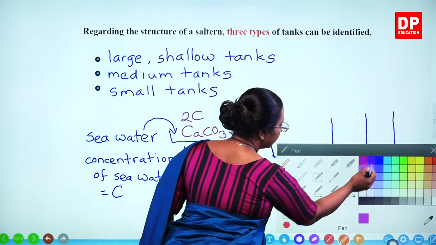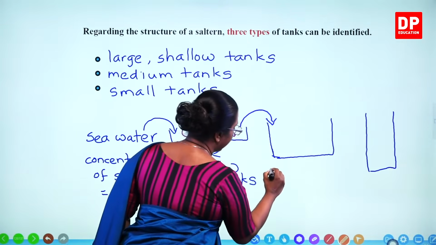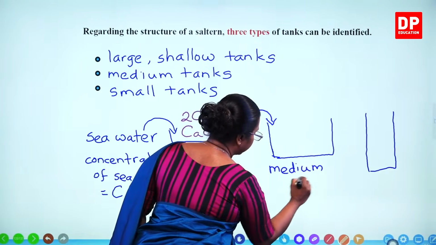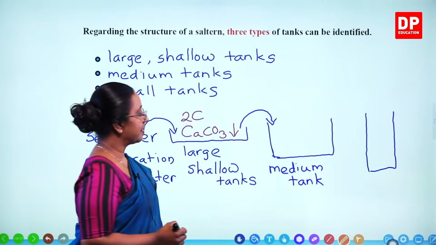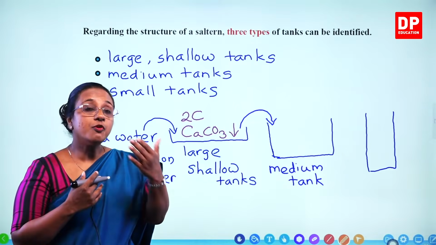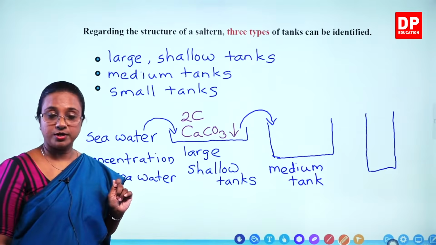Then we have the seawater passed from the large, shallow tank into the medium tank. There the concentration becomes 4 times more than the initial seawater.